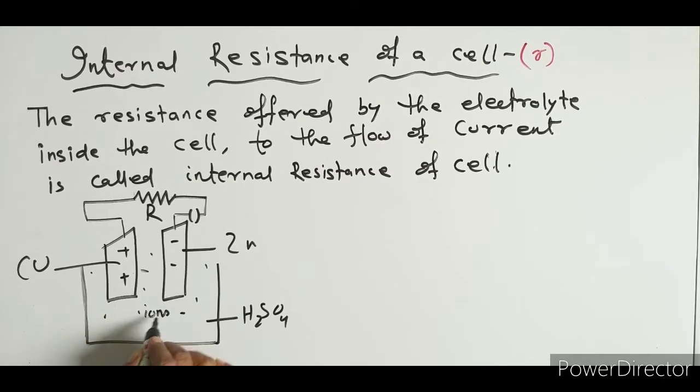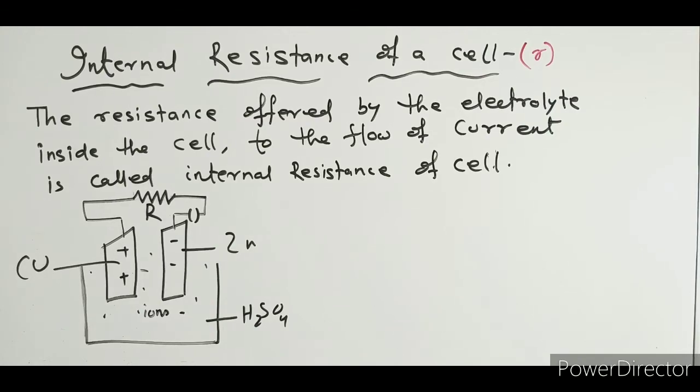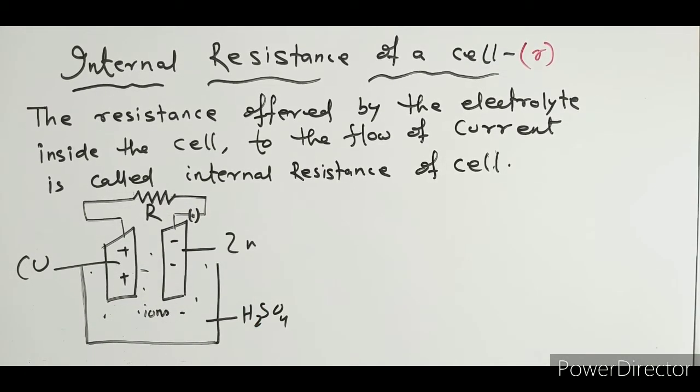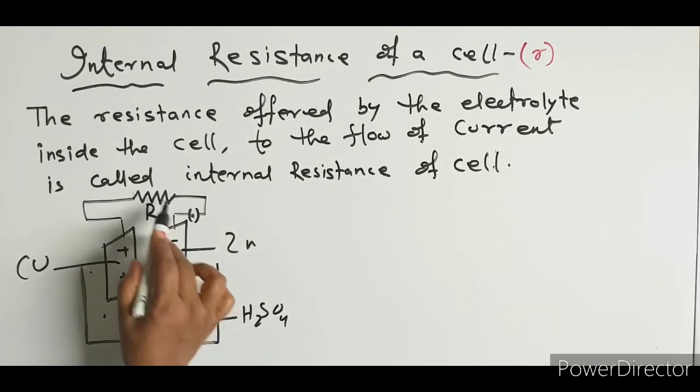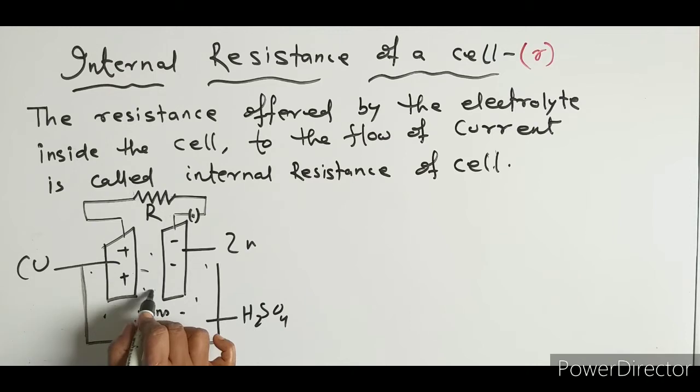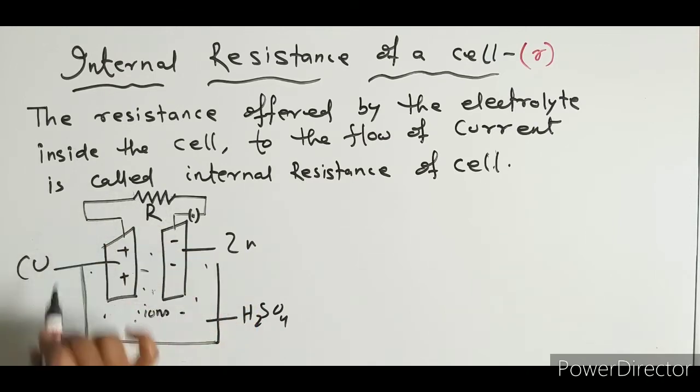Ions move towards the oppositely charged electrodes. This is the typical cell we discussed when the key is closed. When the electrons move and the ions move, the electrolyte present here offers resistance to the flow of current.